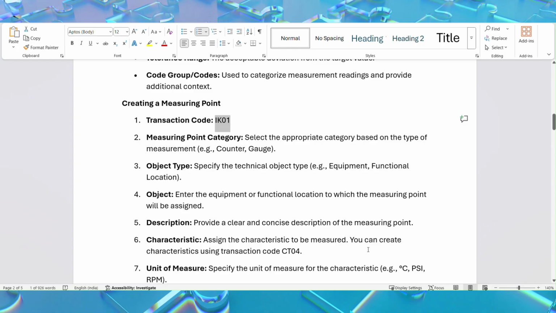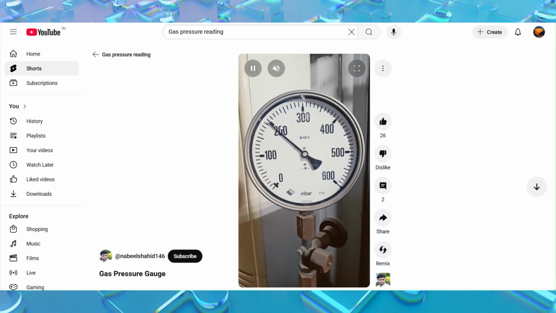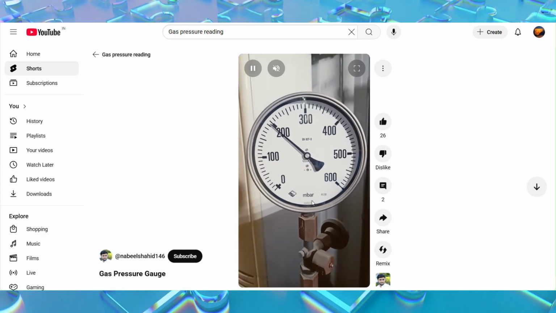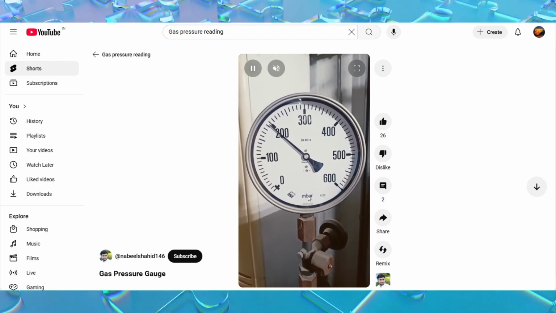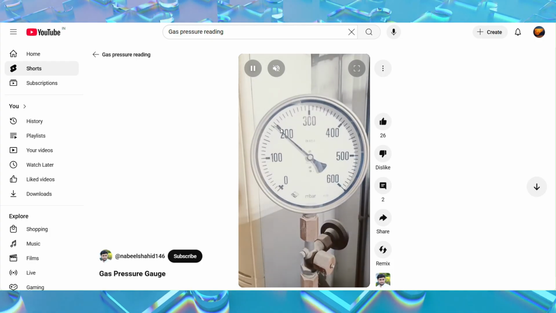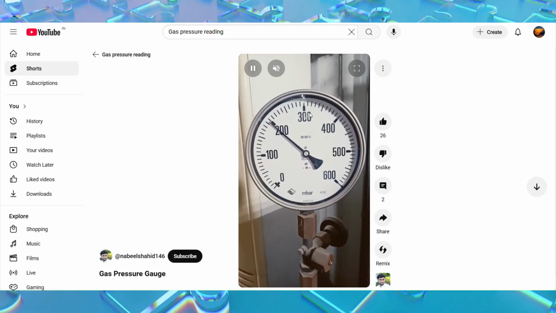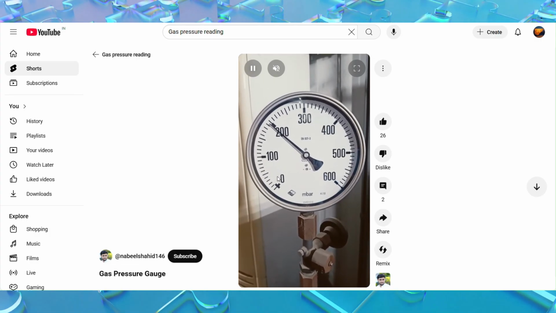Okay, and now let us see the example of the non-counter based one. So this is the gas pressure in mbar. So here, if I play, you can see right now it is 200 mbar over here. Okay, mbar is the unit over here. Okay, so 200, then 300. It might be 300, 400, someday might be 300, or maybe less than 100 sometimes.